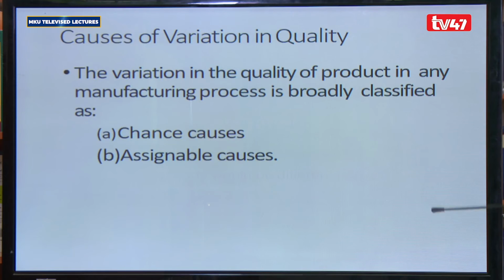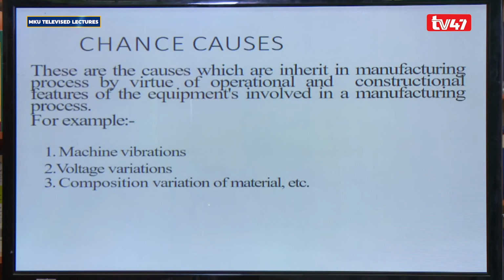So we have some causes of this variation, and we can categorize them as either chance causes or assignable causes. Chance causes are those that are inherent in the manufacturing process, by virtue of operational and constructional features of the equipment involved.